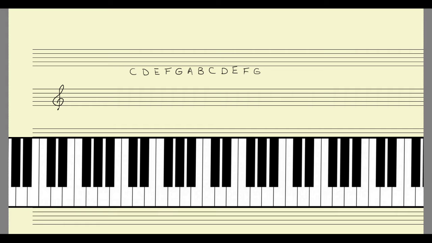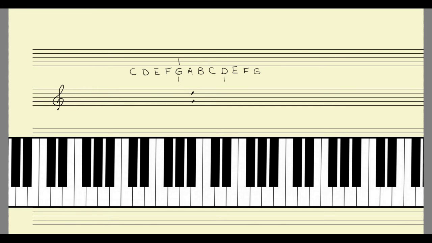Let me start by saying you may have noticed that as we've been going through all this material on chromatic intervals, I've been counting in two completely different ways. Whenever I'm talking about counting letter names, and let's take an example from G to D, I always count by starting on 1 with my first letter.